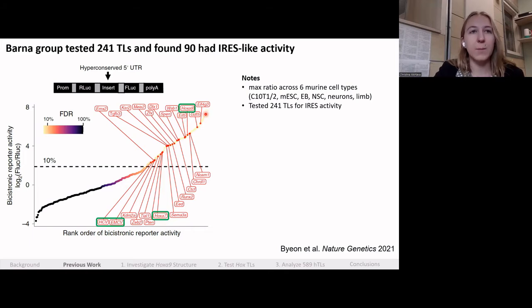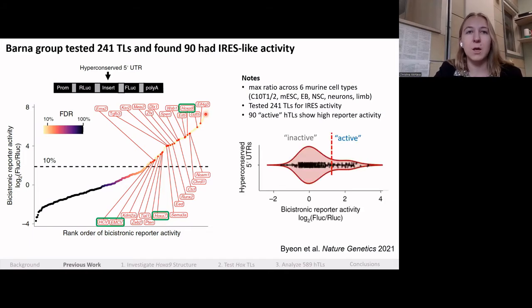They also plotted the reporter activities using this violin plot. So here on the x-axis is also the bicistronic reporter activity. And when looking at this violin plot, they saw these two distributions, which seemed to be of separate populations. They separated these distributions into what they called active and inactive.